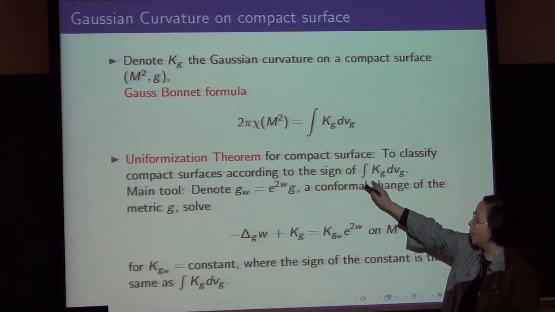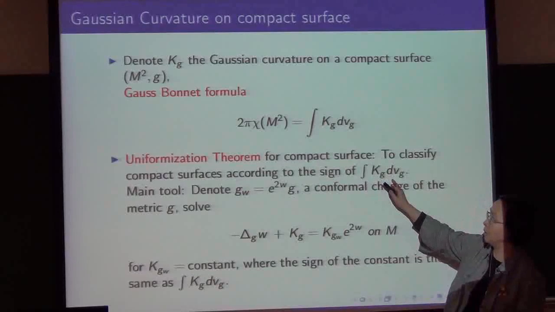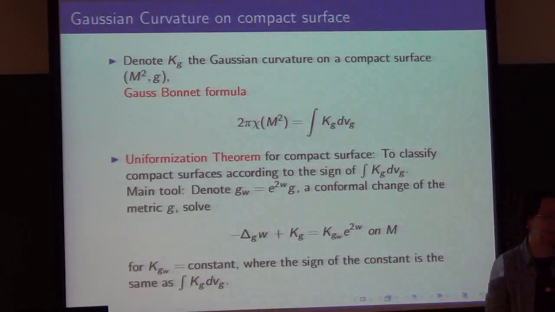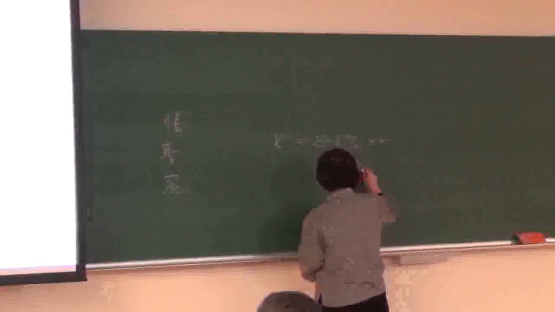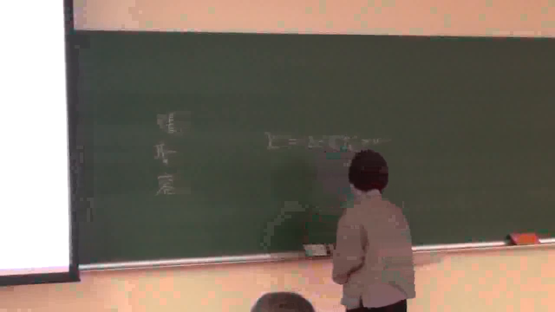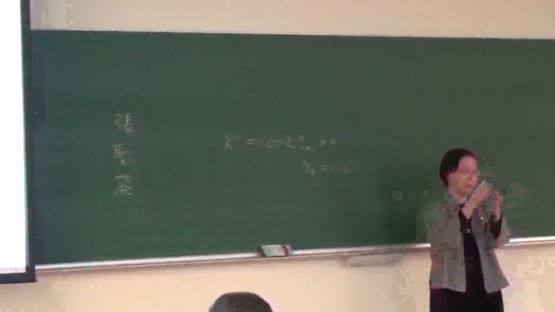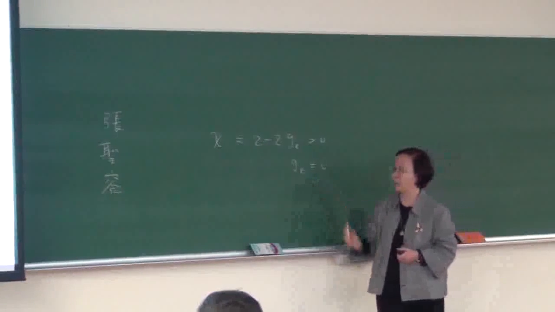So that means if this integration of Gaussian curvature is positive, then this 2 pi Euler characteristic is positive. The Euler characteristic is equal to 2 minus 2 genus, so if it's positive, then genus is equal to 0. In that case, that means there's no hole on this closed surface, so it's topologically a sphere.